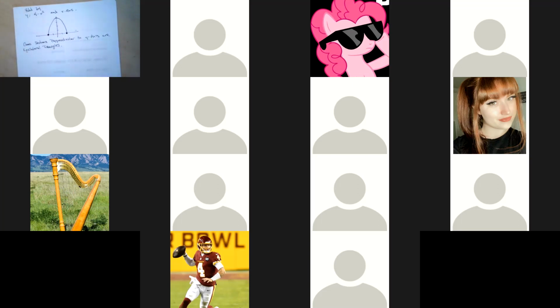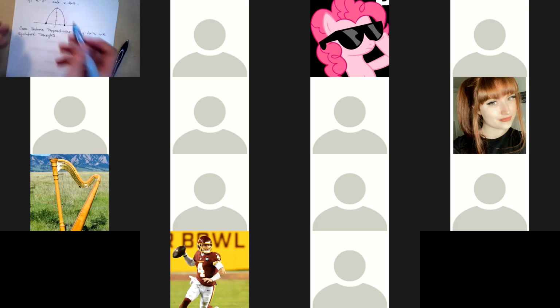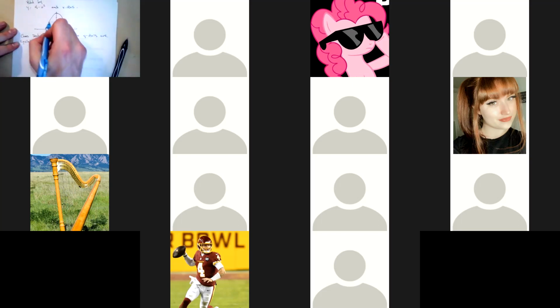Okay, so in terms of our picture, what does this mean? This means that we are slicing horizontally. Slices are perpendicular to the y-axis, and then they're coming out above as equilateral triangles.